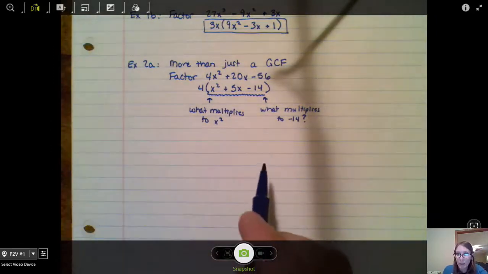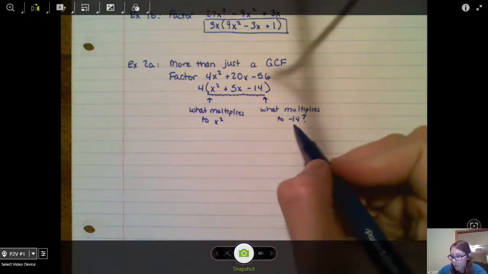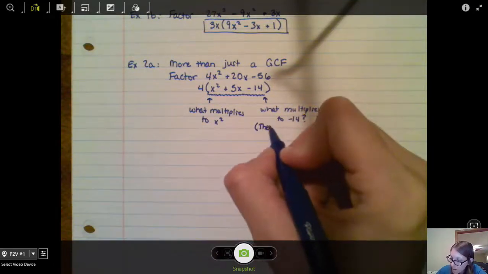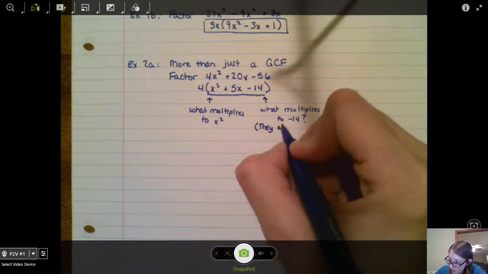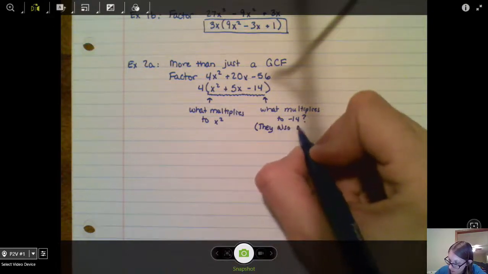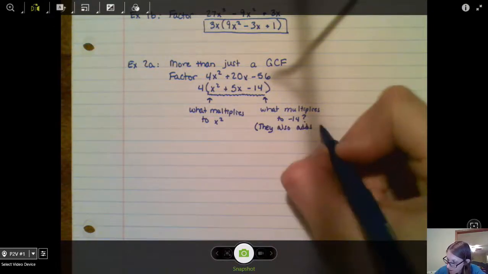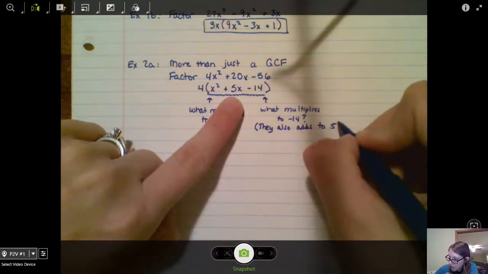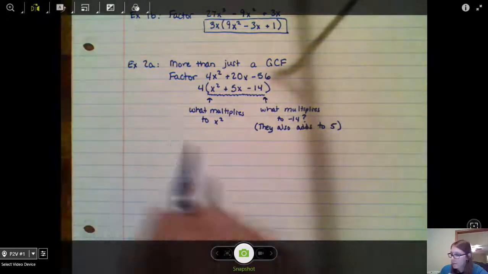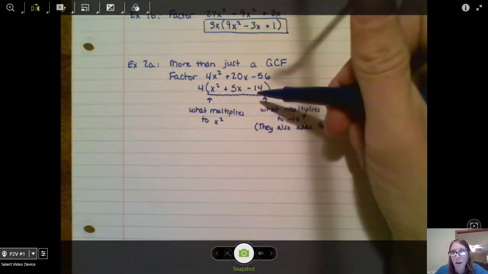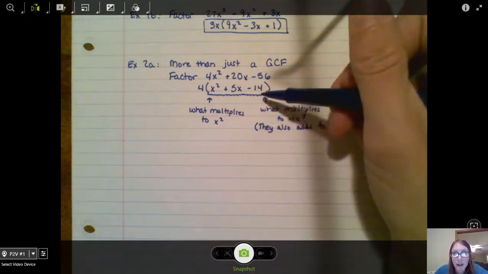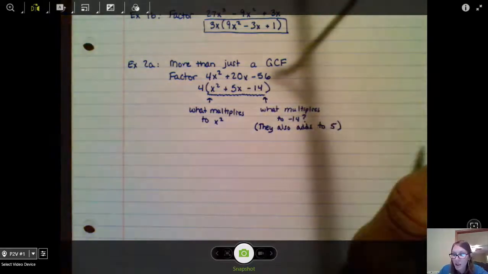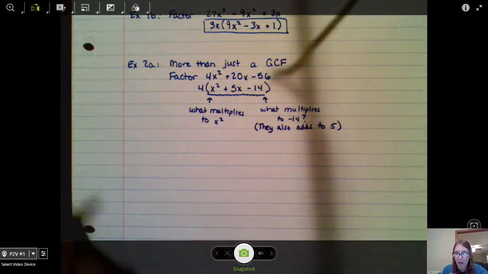Not only do we need to find a pair of numbers that multiply to negative 14, we also need to find a pair that adds together to get my middle term here, 5. So in this problem, we're trying to find what numbers multiply to negative 14 and add together to give us 5. And sometimes this is pretty easy to find, sometimes it's not.